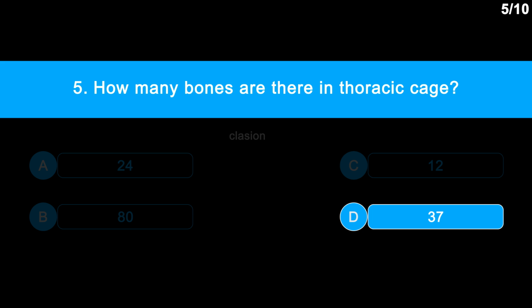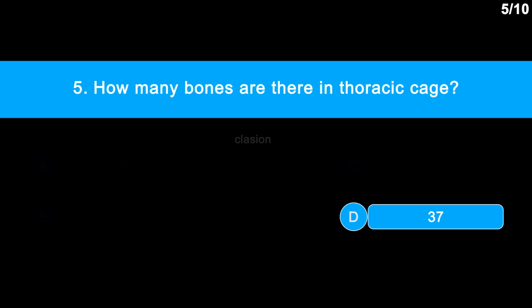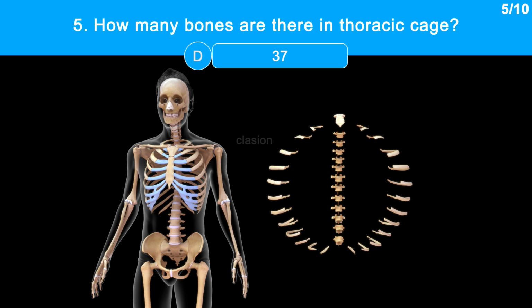The correct answer is option D, 37. Let us count the bones in rib cage or thoracic cage. 12 thoracic vertebrae, 12 pairs of ribs and 1 sternum. So, total is 12 plus 24 plus 1, which is equal to 37.